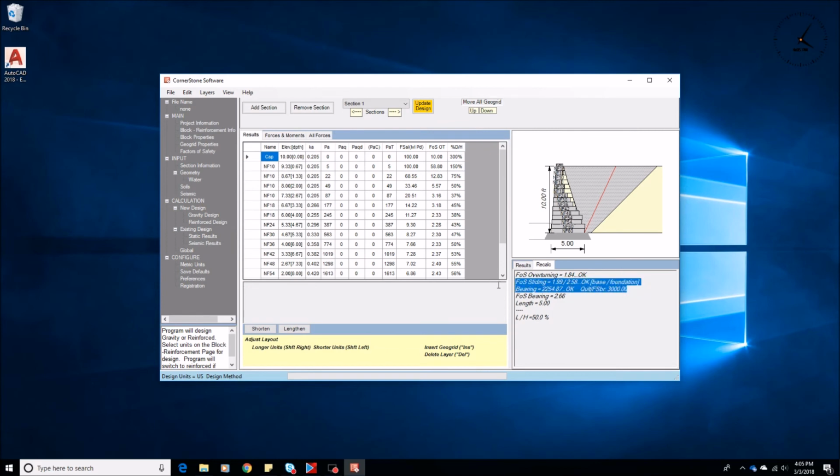Our bearing pressure went down, our sliding increases, and our overturning increases. Because we have a good select material in here, the driving force on the back of the wall is lower, our overturning is lower, our bearing pressures go down, and our sliding works.